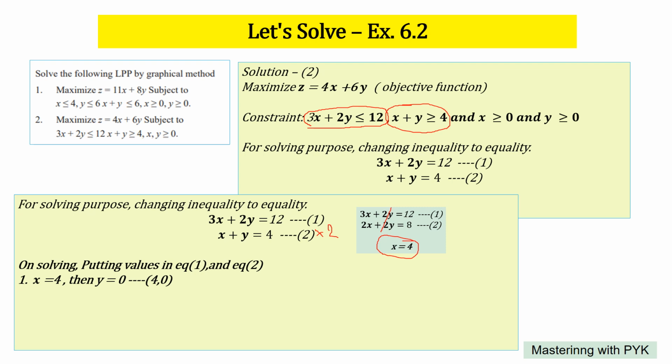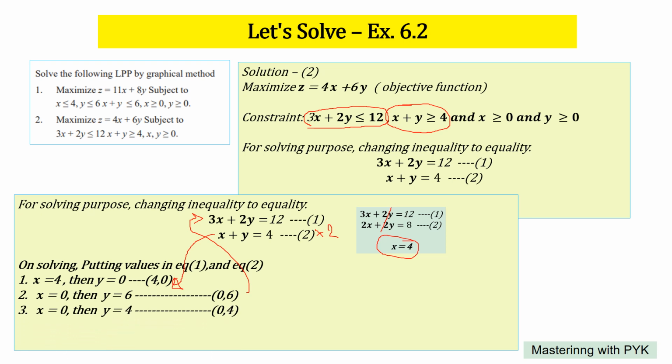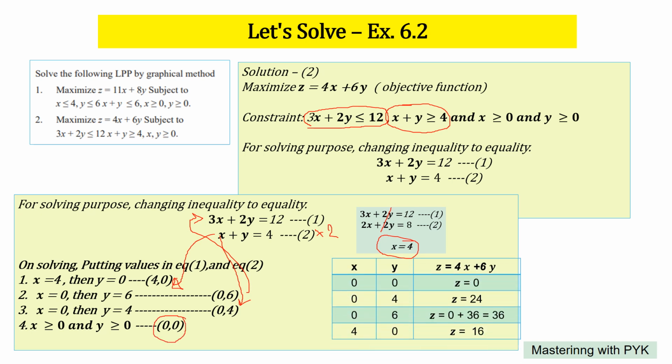We can put it in this equation. When x is 0, y is 6. This we have got from this equation. When x is 0, y is 4. And also x and y are always greater than or equal to 0. That's the reason we have (0, 0) as a coordinate.